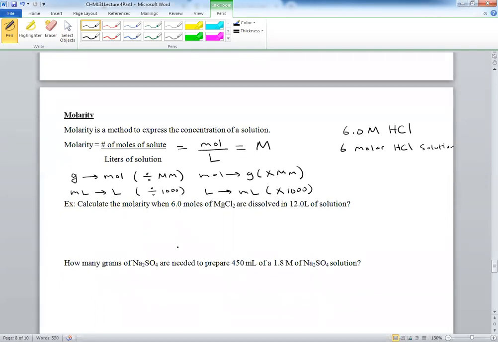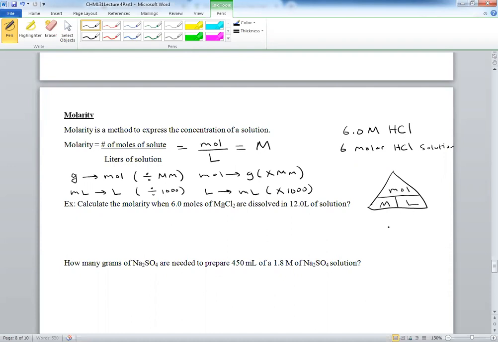Before we do this problem, a very simple problem, note that molarity also follows the same equation setup as density did. It's the use of the triangle. The moles would be on the top, and then you have the molarity and the liters, or the volume, on the bottom.